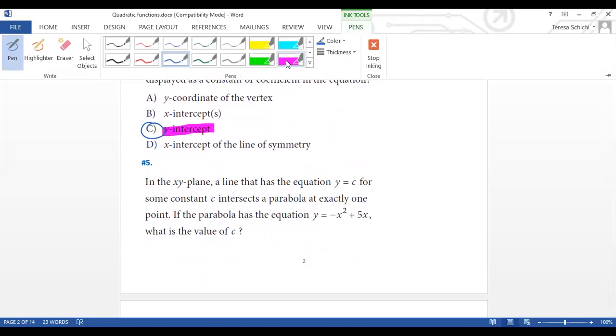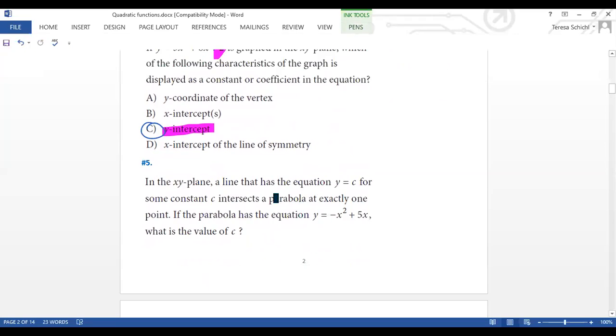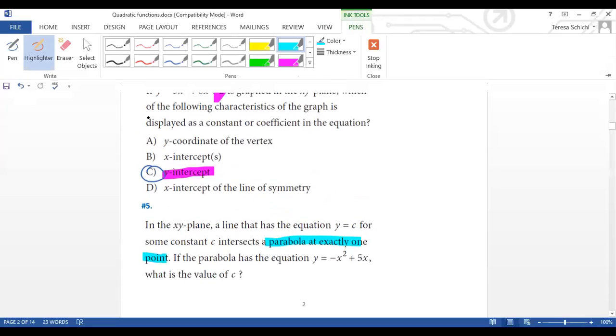If the parabola has the equation negative x squared plus 5x, then what is the value of c? In fact, I think this is a little harder problem for this section. Let's take a look at what that means.